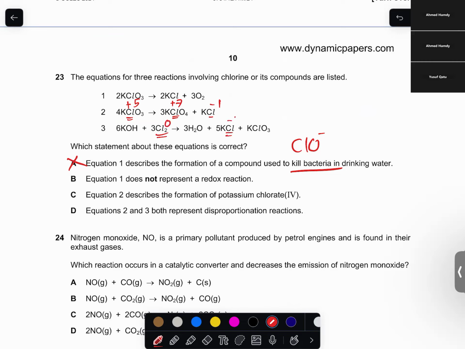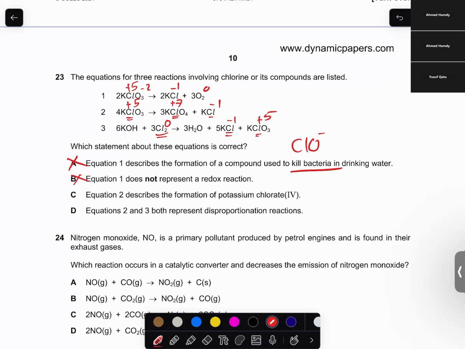Here the oxidation state of chlorine is minus 1, and here it's plus 5. Sorry, equation 1: here the oxidation state is plus 5, here minus 1, and the oxygen here is minus 2, and the oxygen here is 0. So chlorine decreases and oxygen increases, so it's a redox reaction. So the statement is wrong.